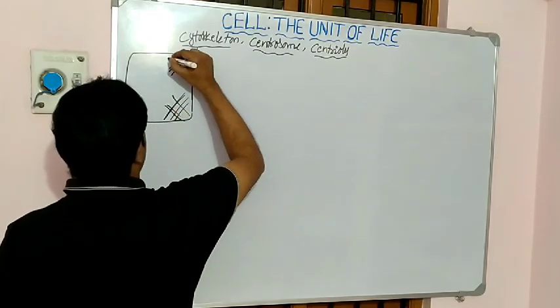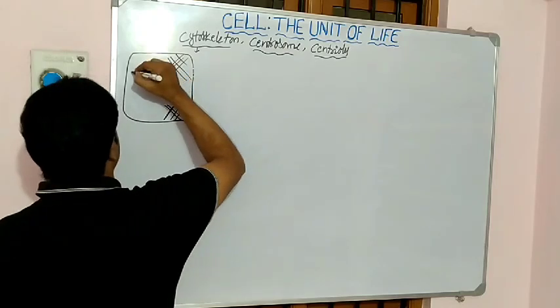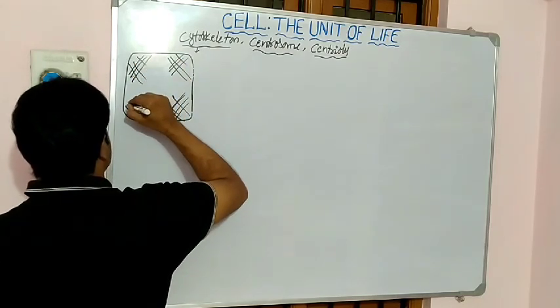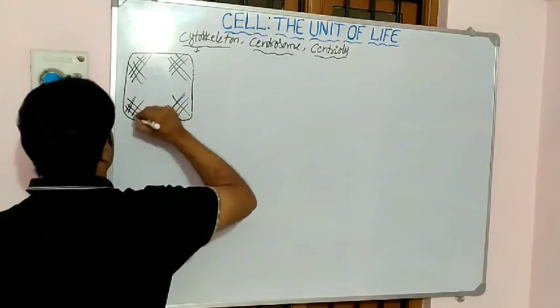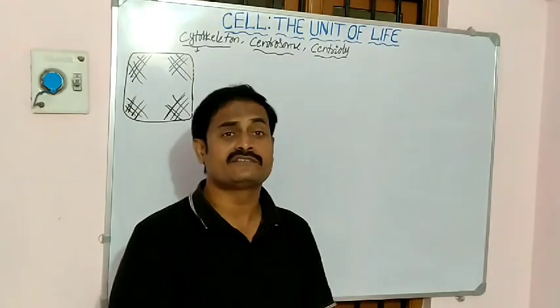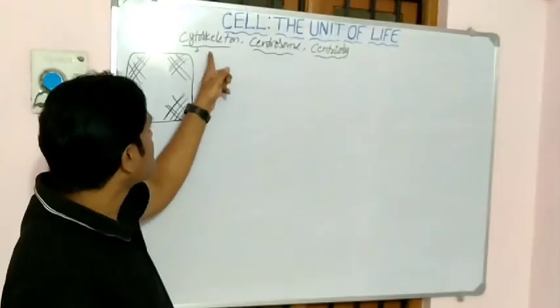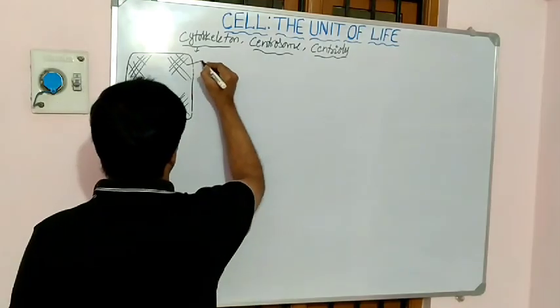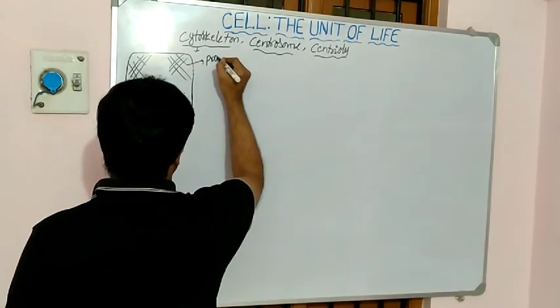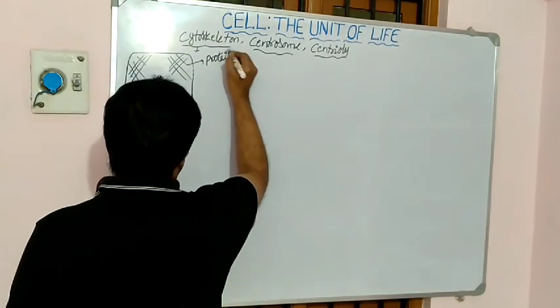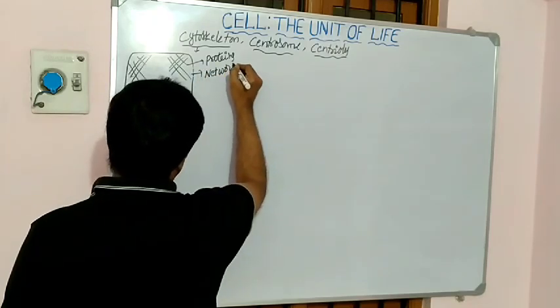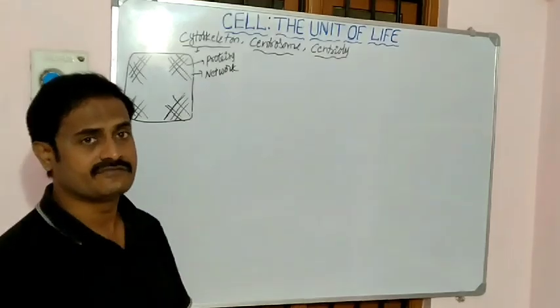Throughout the cell, a network of arrangement is present. So this is actually a proteinaceous network of arrangement. So the cytoskeleton is made up of different proteins. Remember, it looks like a network-like structure.